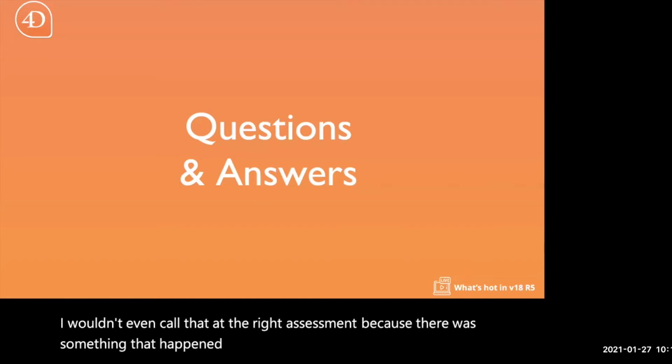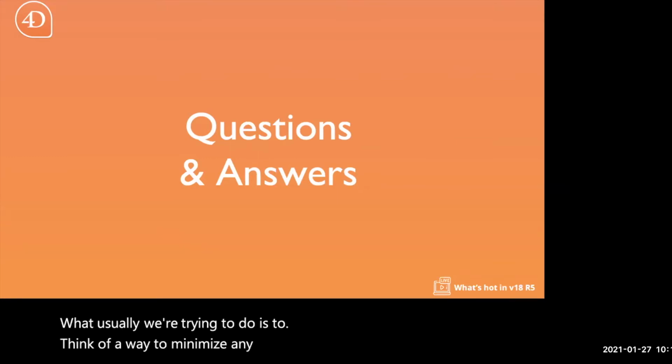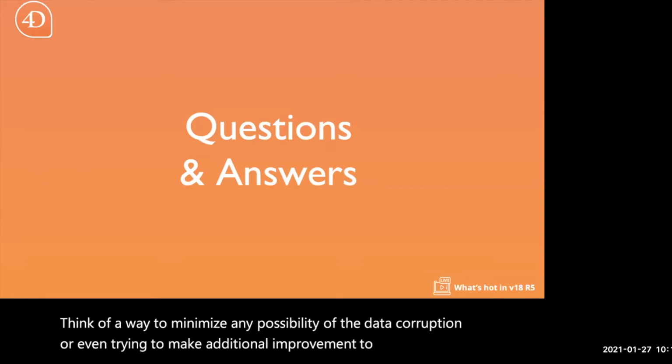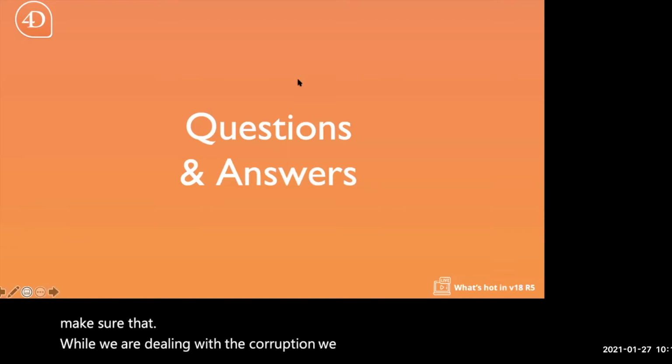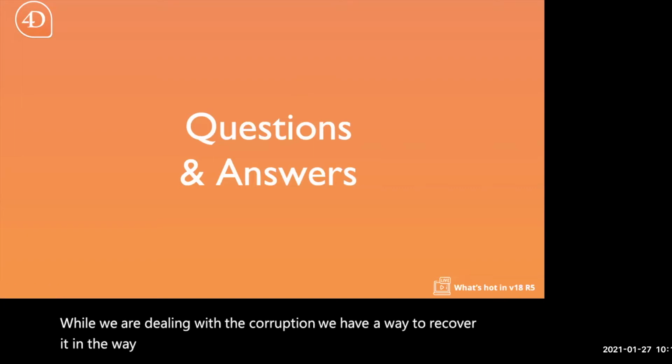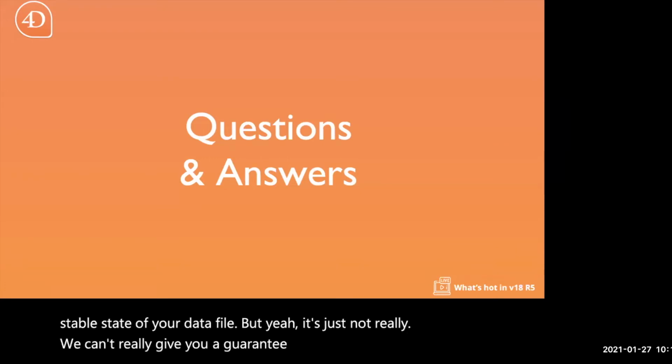So what we usually try to do is think of ways to minimize any possibility of data corruption, or make additional improvements to the MSC, so that while we are dealing with the corruption, we have a way to recover it and go back to the most stable state of your data file. But we can't really give you a guarantee or a real assurance that it's never going to happen, right?